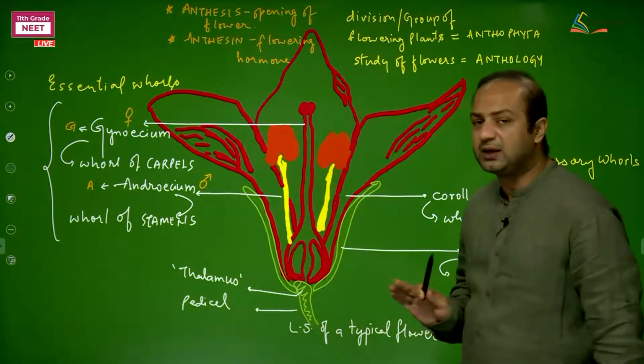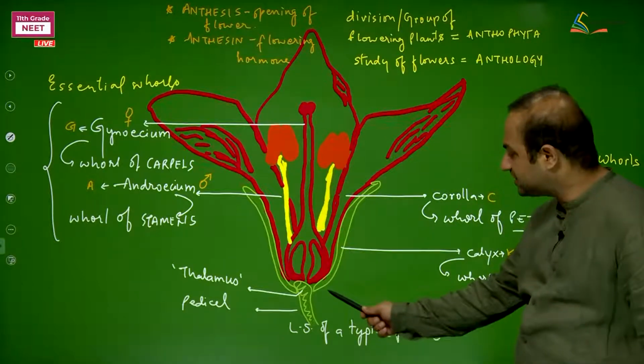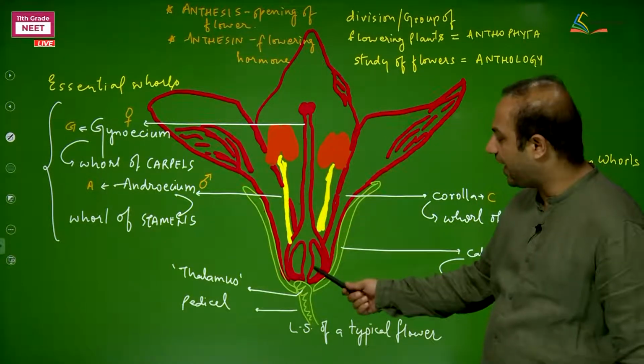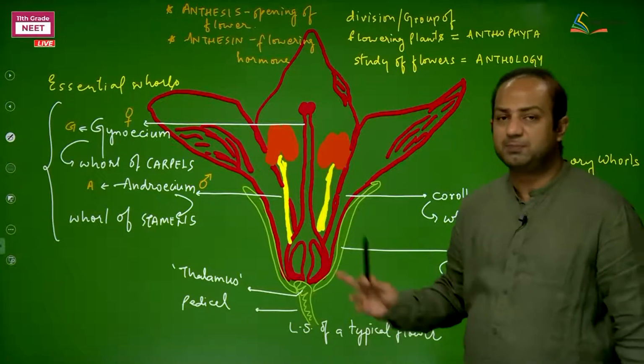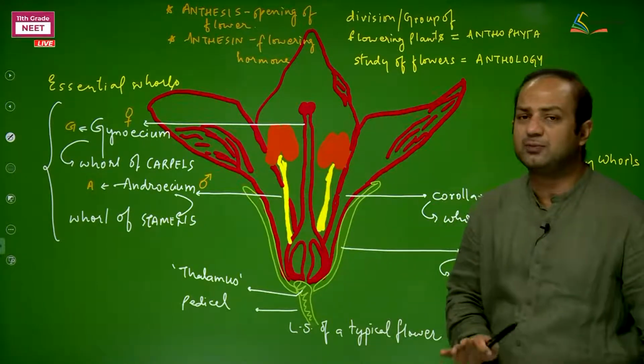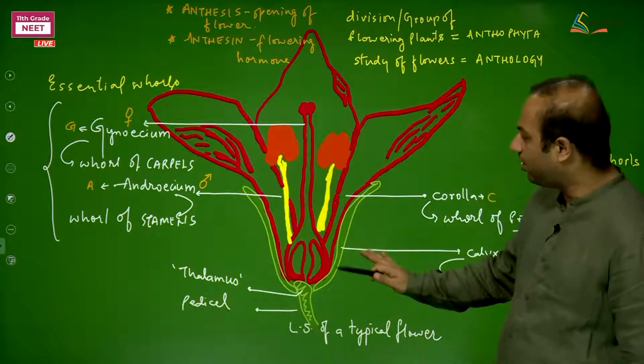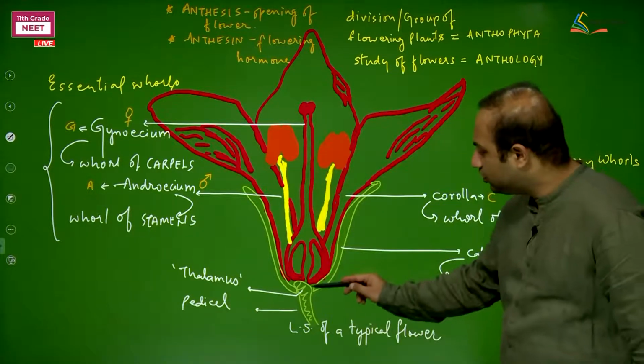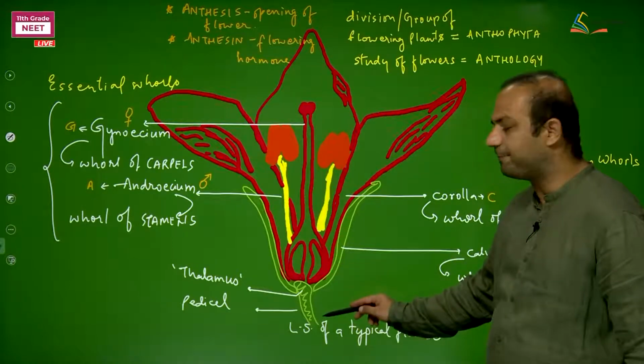Try to see it very carefully. The sepals, the petals, the androecium, meaning the stamens, and the pistil, meaning the gynoecium, are not coming from the same place. They are all coming from different parts. So you can say this thalamus is getting compressed.